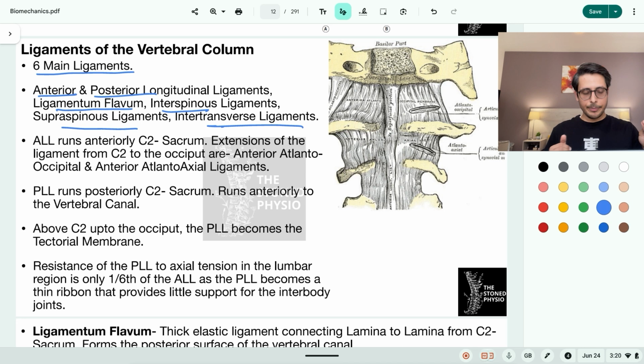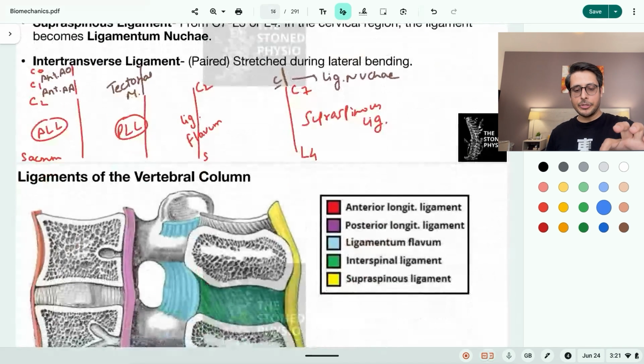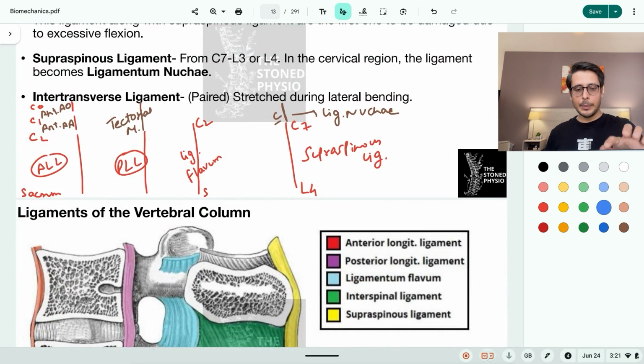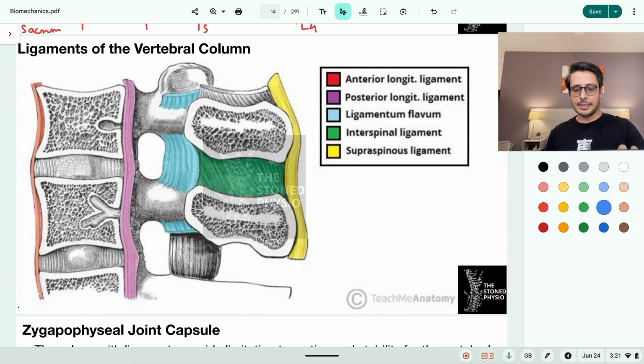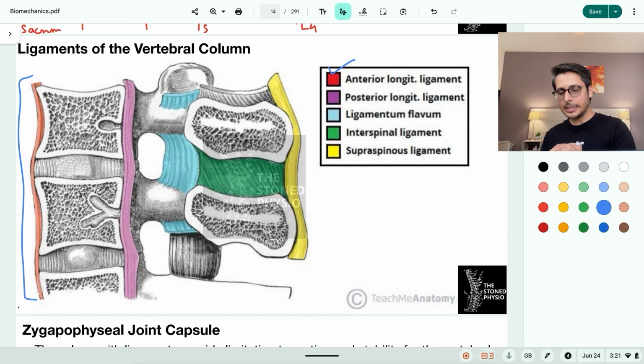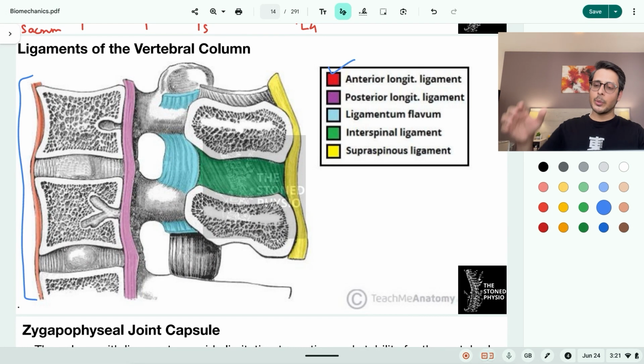All right, so I think they're pretty much self-explanatory. The anterior longitudinal ligament, let me show you here. We will be discussing all this in a bit, but let's discuss the anterior longitudinal ligament. So the red one, this one, is the anterior longitudinal ligament, which spans all the way through the vertebral column on the anterior, the front section of the vertebral body.